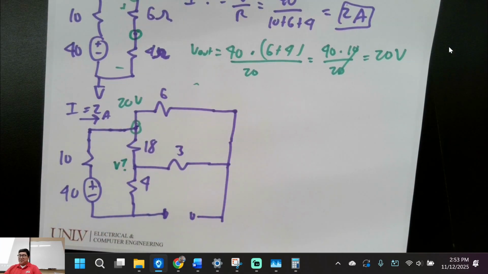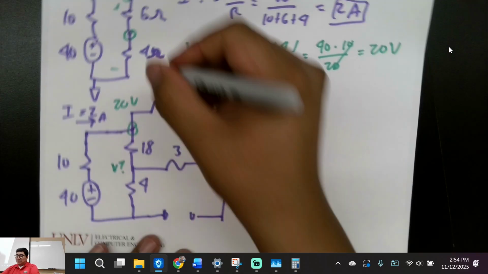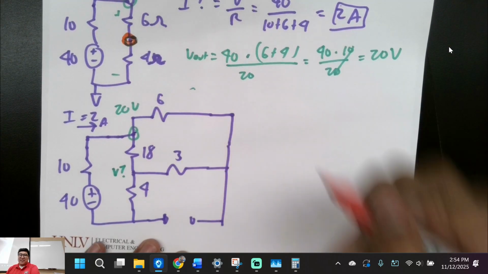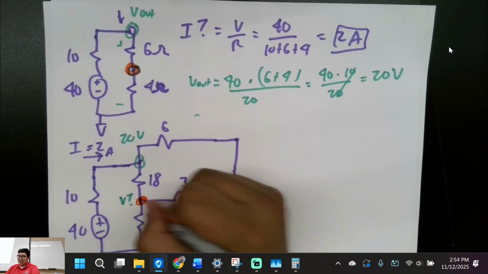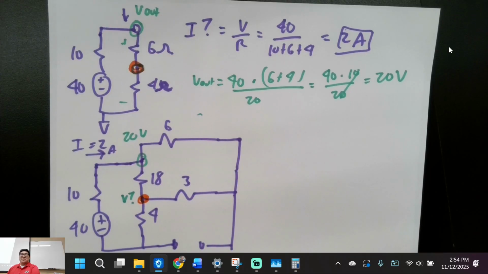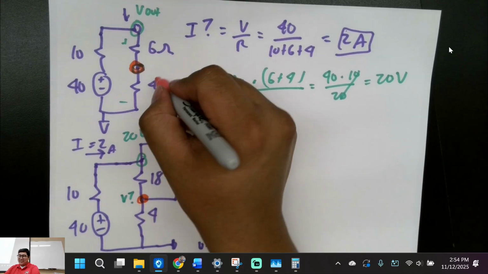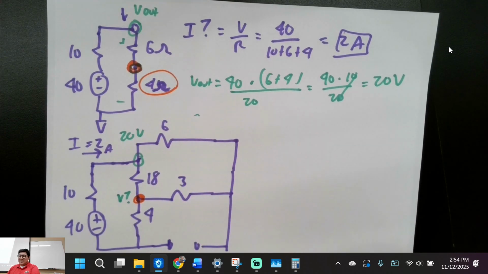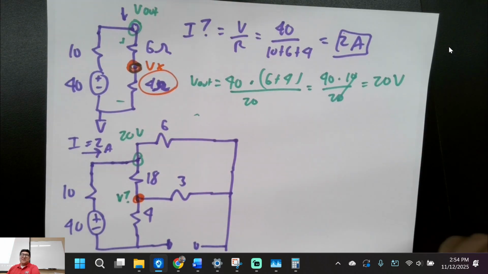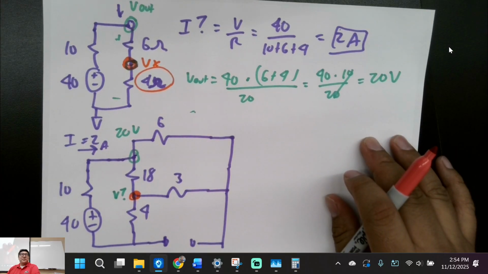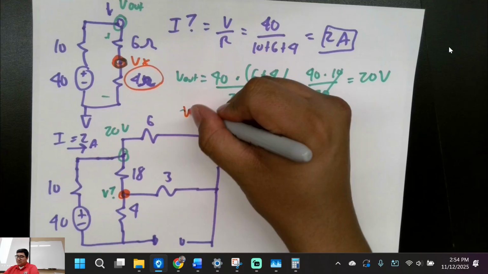All right, let's just use another color. Can everyone agree that this point right here is this point right here? So we can solve for that voltage divider again. I'm going to call this one Vx, just for whatever labels. What's the voltage over there?